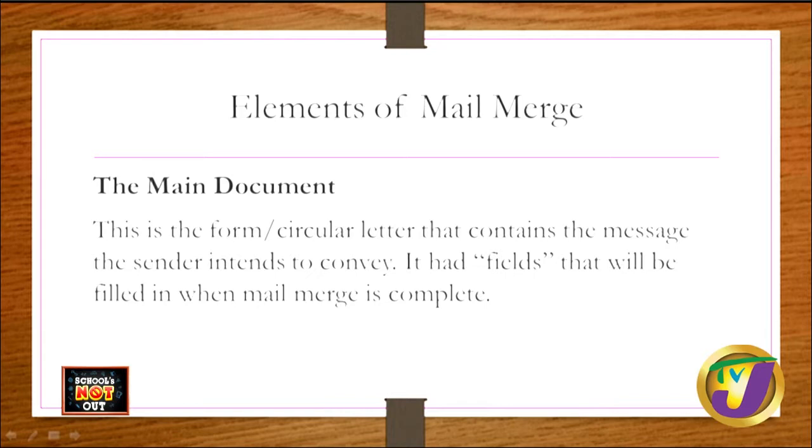So if we are compiling a letter to be sent out to these 200 successful university applicants, the letter that you type up first, without adding the addresses and other details that will change from recipient to recipient, the basic letter that we type up first, we call that the main document.